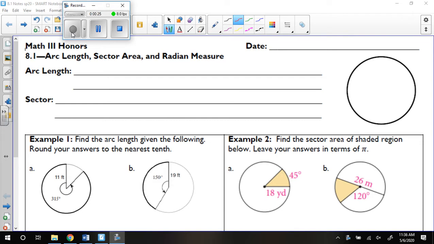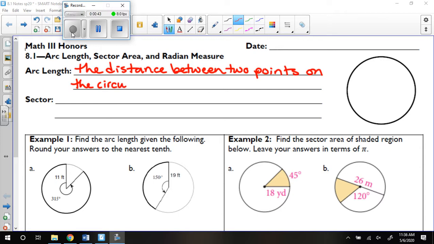2 points on the circumference of a circle. And when I say distance here, I think I am going to specify that it is a curved distance.